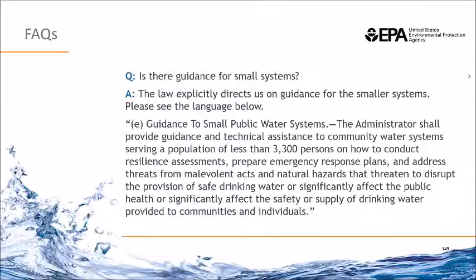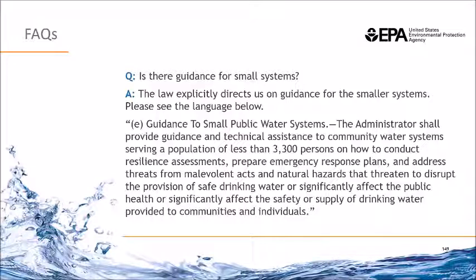So is there guidance for small systems? And this is a twofold question. One is that for systems size 3,300 to 49,999, we will be rolling out that small systems checklist and guidance in June that I mentioned before. And at a later date, we will also be providing guidance to small water systems that serve less than 3,300 persons.